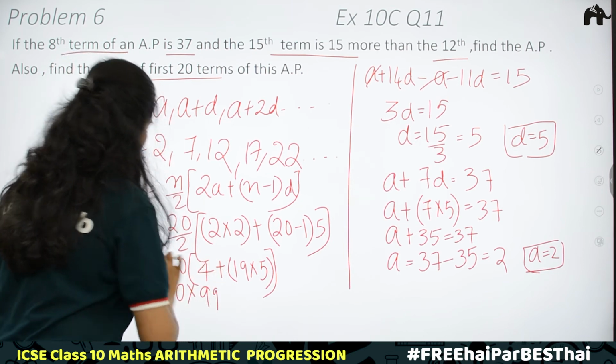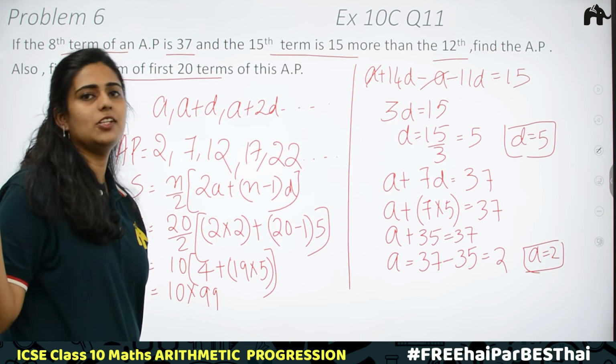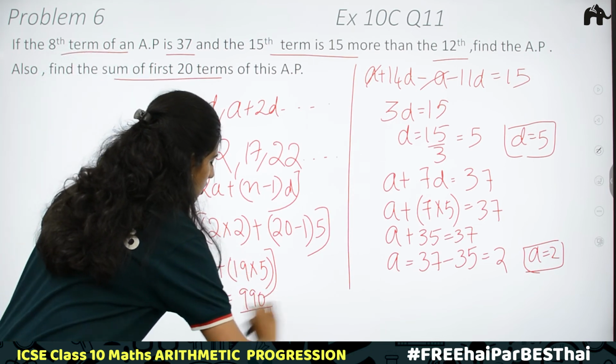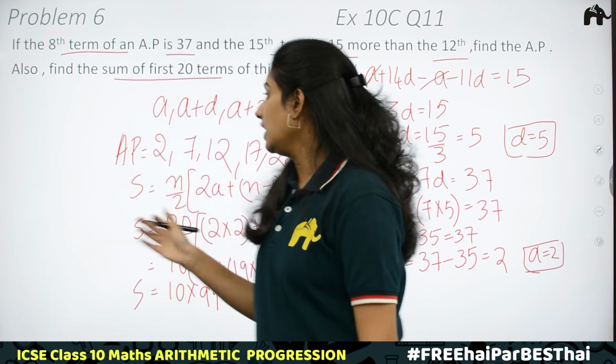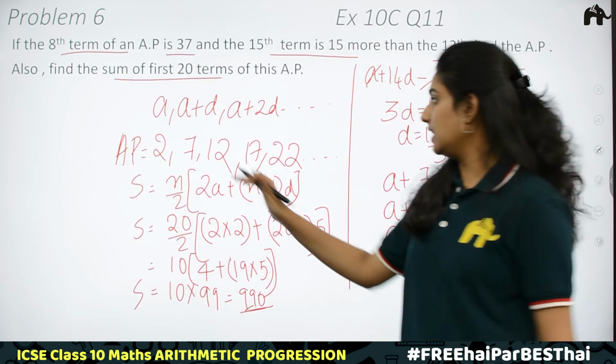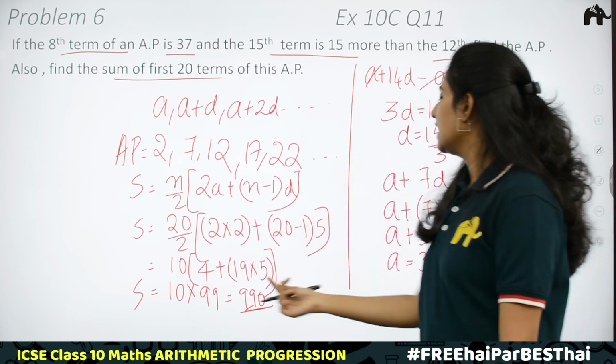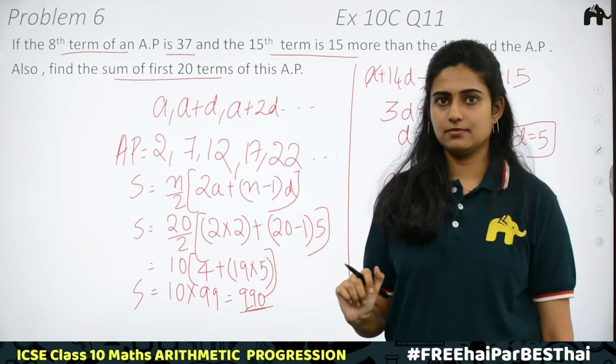Sum is equal to 10 into 99. What is 10 into 99? 990. Therefore, we got the sum of the first 20 terms of the AP containing terms 2, 7, 12, 17, 22, etc. is 990. Got it?